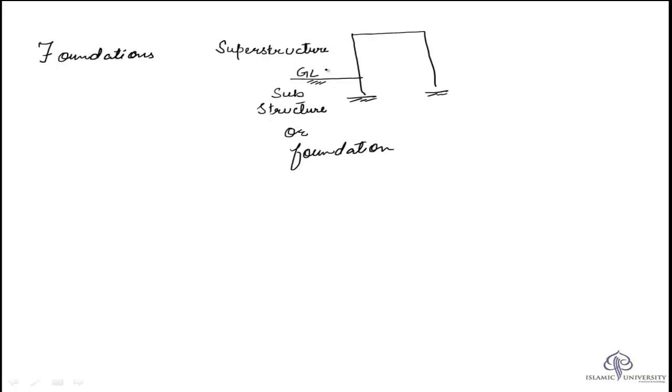It is that part of structure which transmits the load of the structure to the soil on which it rests. It's often misunderstood that foundation is provided to support the load of the structure. In fact, it's a media to transmit the load of the structure to the subsoil.